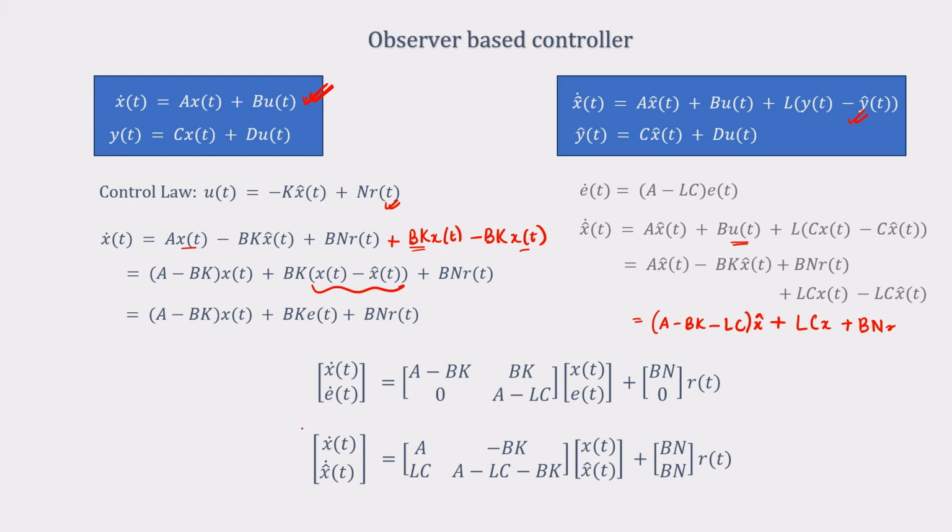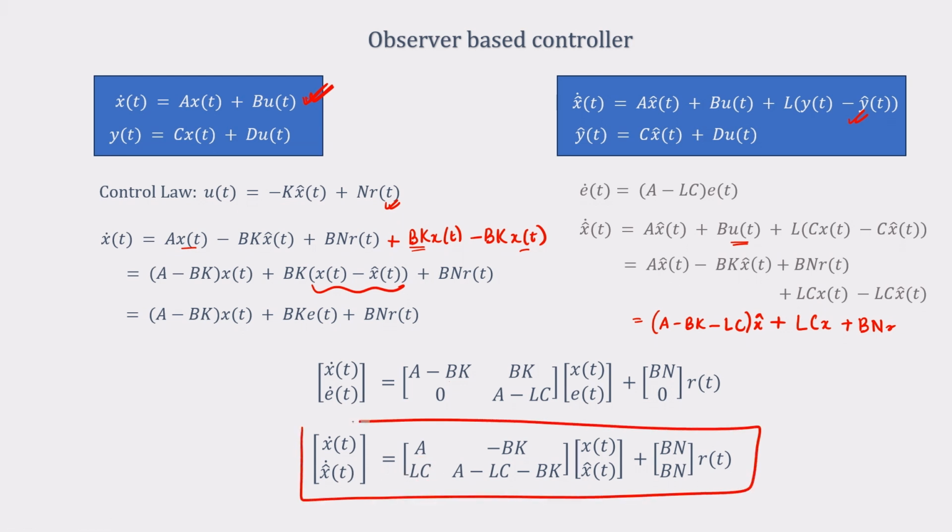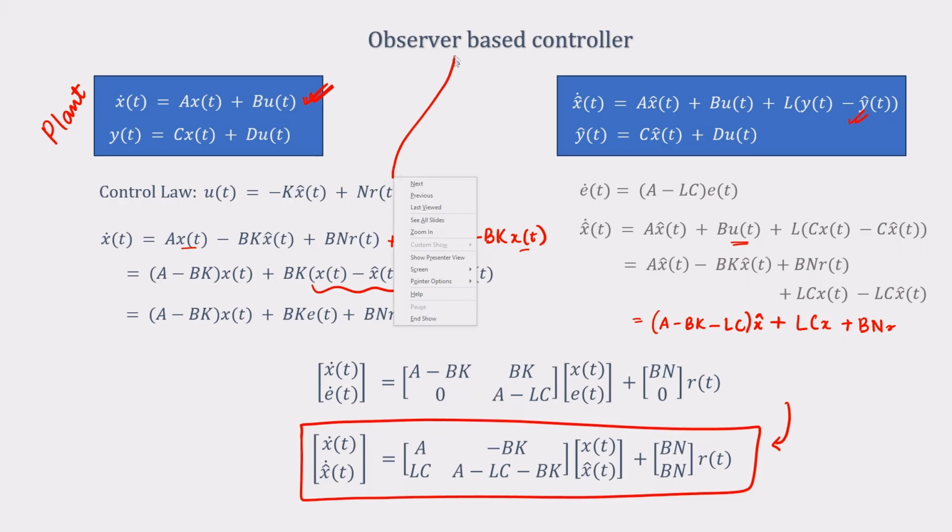So, for this entire system, the actual plant was this. We used a control law of this form. Now, this control law is based on the estimated states, and that is why this controller is also called an observer based controller, because the controller depends on the estimated states from the observer.